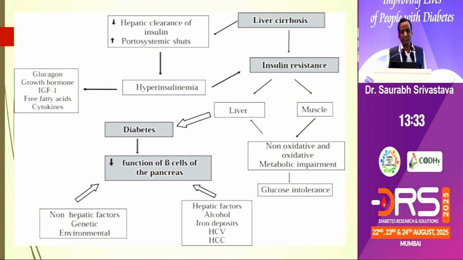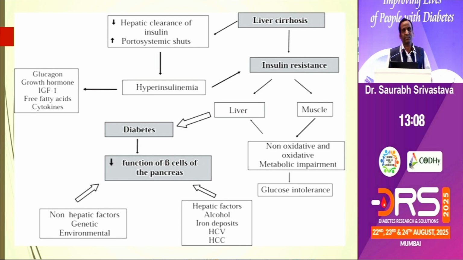And insulin resistance, if we see this chart, as sir has already told, in liver cirrhosis there is decreased hepatic clearance of insulin leading to hyperinsulinemia. This hyperinsulinemia increases the counterregulatory hormones and the insulin resistance in the liver and the muscles, which in the liver might lead to diabetes, and other factors are also responsible for decreasing the function of beta cells.